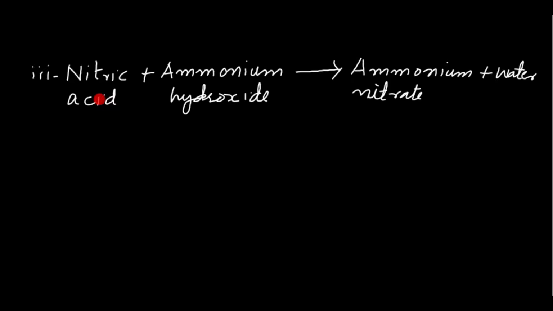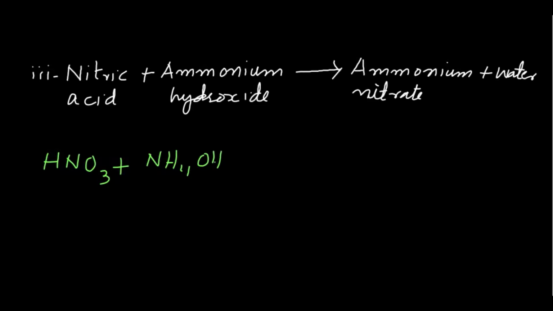Now we will see the next chemical equation question which is given. In the next chemical reaction, nitric acid on reaction with ammonium hydroxide will form ammonium nitrate and water. Now we will write the chemical reaction for this word equation. Nitric acid, HNO3, ammonium hydroxide, NH4OH.